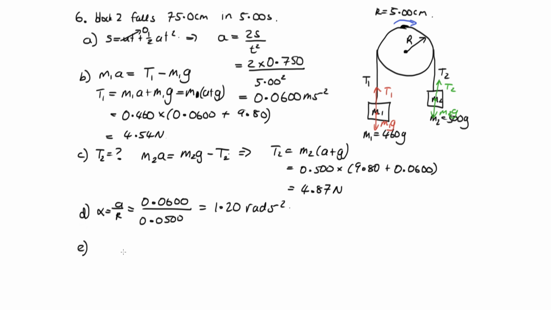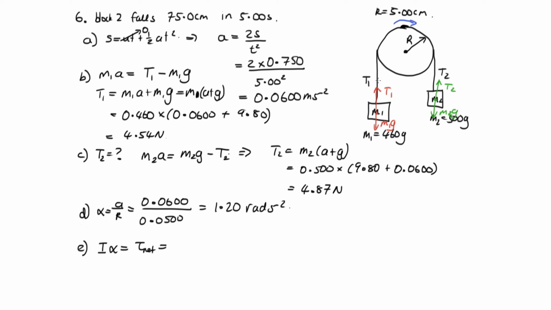Now in part E, it has asked us to calculate the rotational inertia. So in order to do this, we're going to need to use Newton's second law for rotation, which tells us that I alpha is equal to the net torque. Now, we've got two torques acting on this disc.